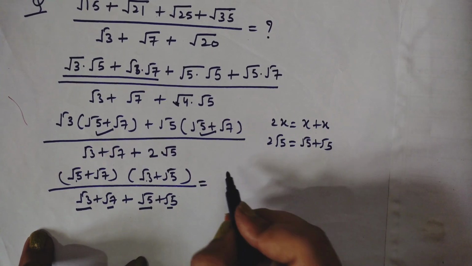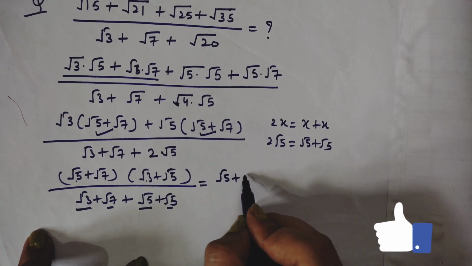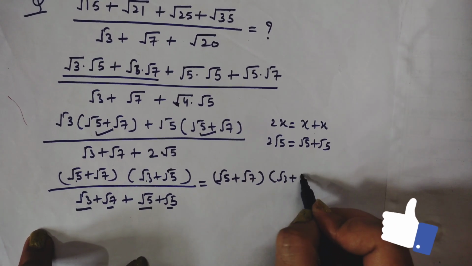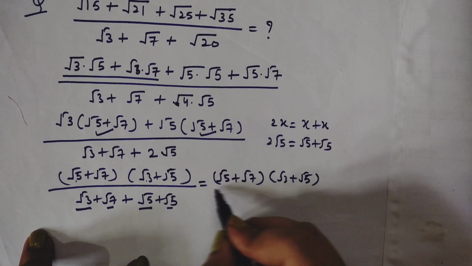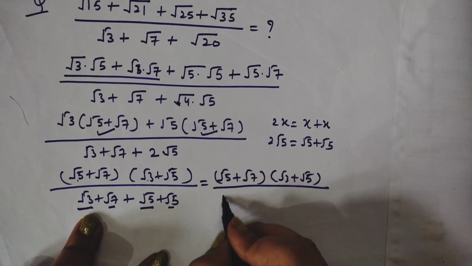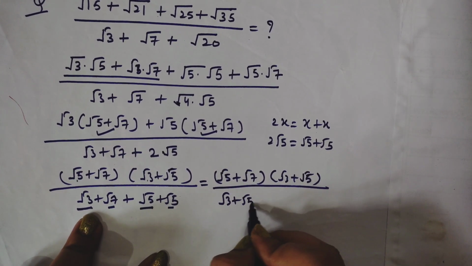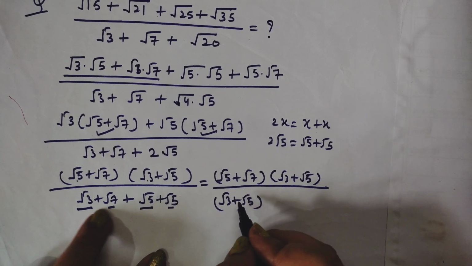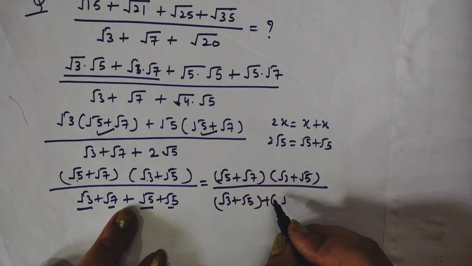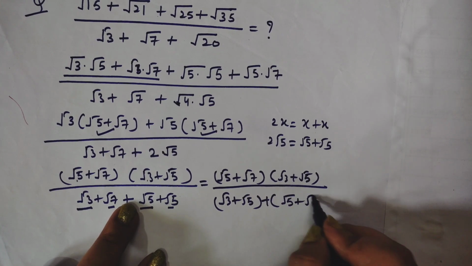So root 5 plus root 7 is as it is, and root 3 plus root 5 is also as it is. First write root 3 plus root 5, and second write root 5 plus root 7, making sure the sign is positive here.